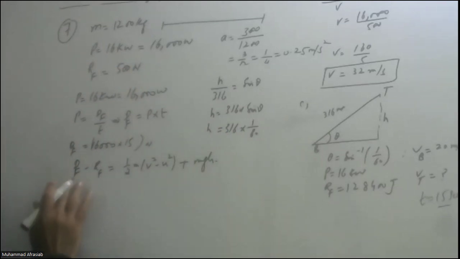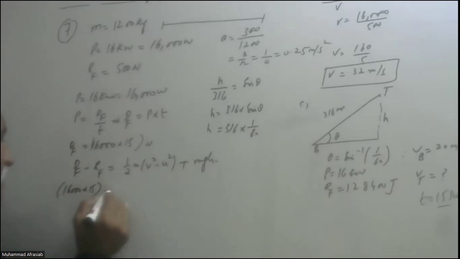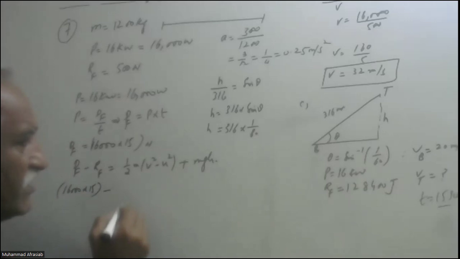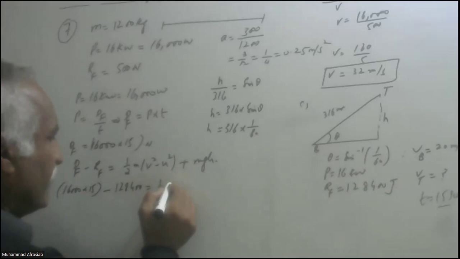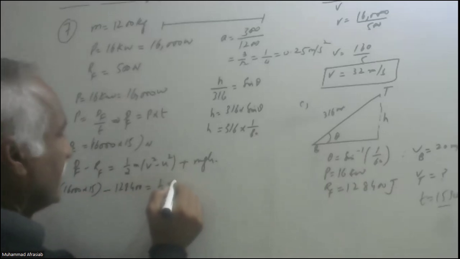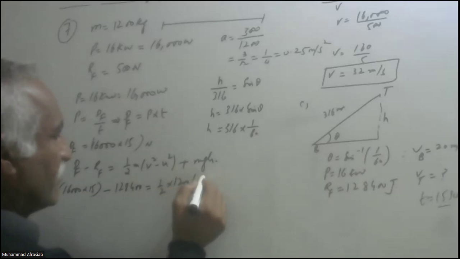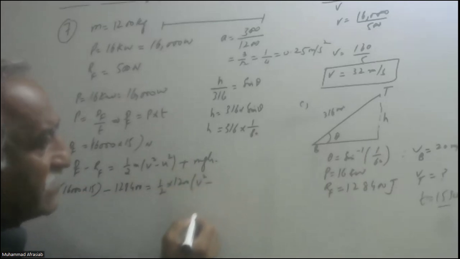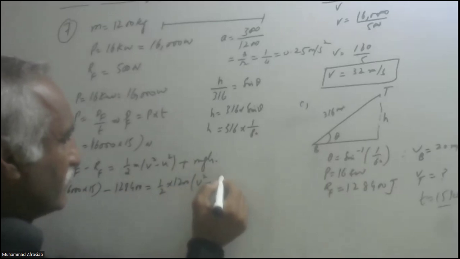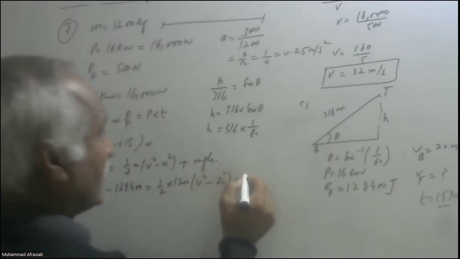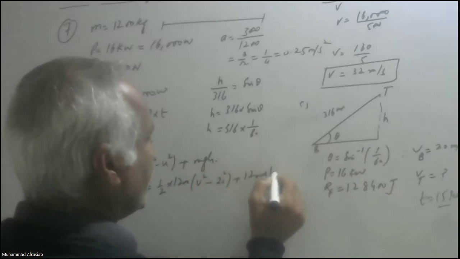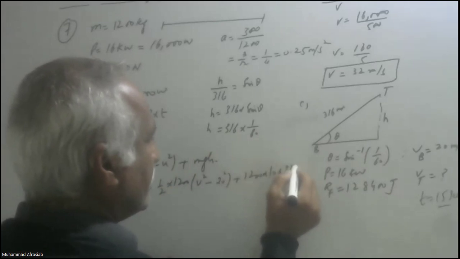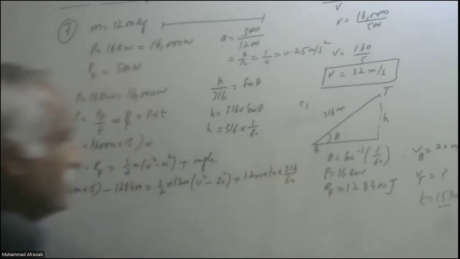Now driving force work is basically equal to 16,000 times 15 minus resistive work, which is mentioned as 128,400, equals half times mass of that particle, 1200, times v square, we don't know, minus u square, which is 20 square, plus mgh, that is 1200 times g, 10, times height, 316 over 60.